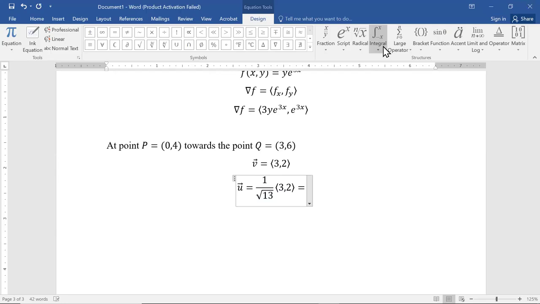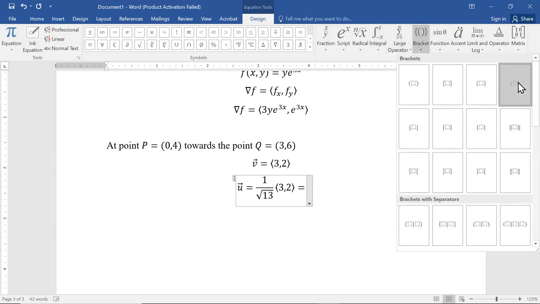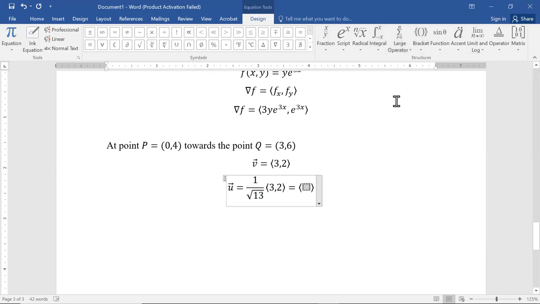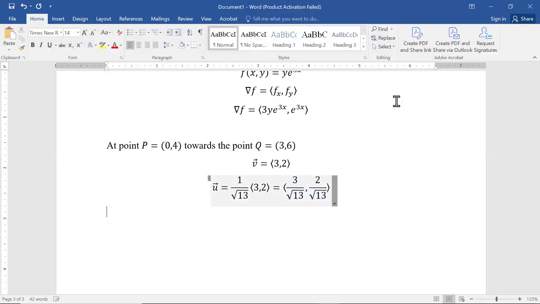And if you want to rewrite that, you can rewrite that as (3 over square root of 13, 2 over the square root of 13). Again, magnitude of (3, 2) is the square root of 3 squared plus 2 squared, so square root of 13.